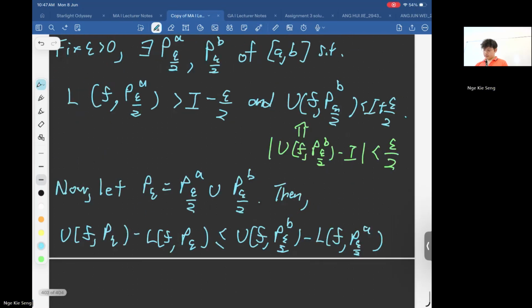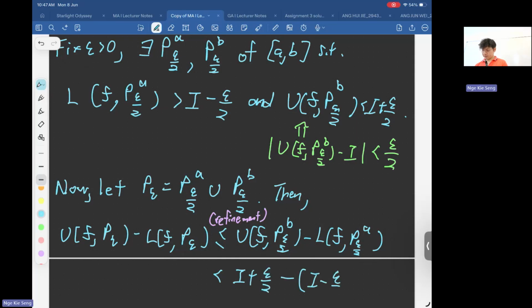This is due to the refinement property. And then this is less than I plus epsilon over 2 minus I minus epsilon over 2. Altogether we get it. Good. So we just use the refinement property and the limit convergence property, then we can prove this integrability.